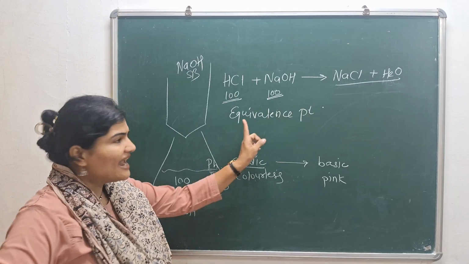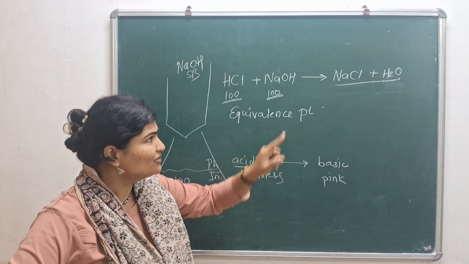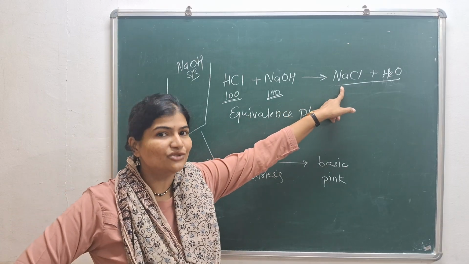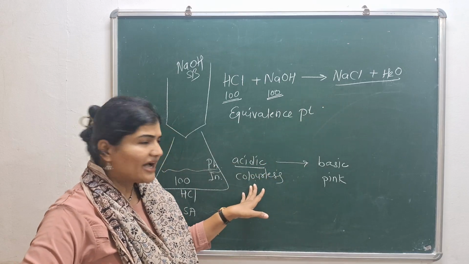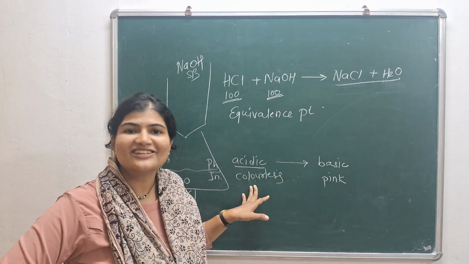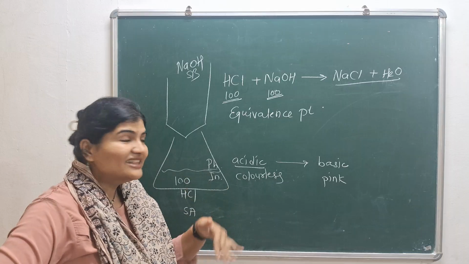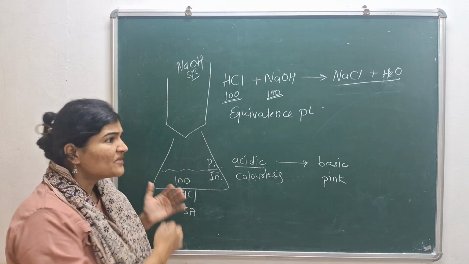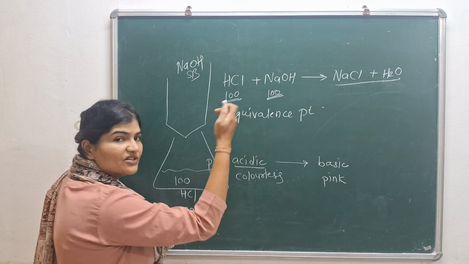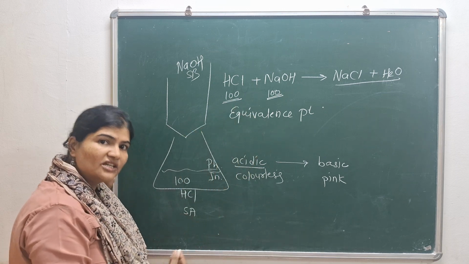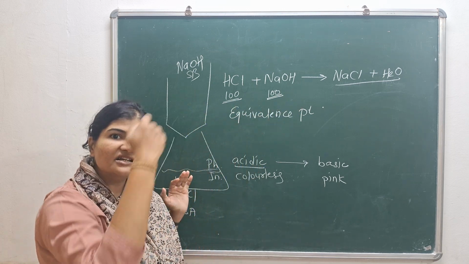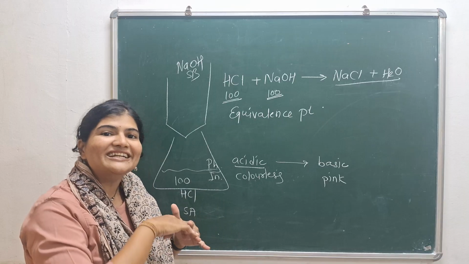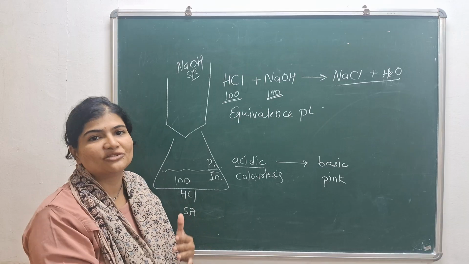Why? Because at equivalence point, as I told you, the pH has gone to neutral value, and at neutral value, my indicator is not going to show me the color change. So, when the next extra drop of NaOH falls down, there is only salt and water, and the NaOH will make the solution basic.